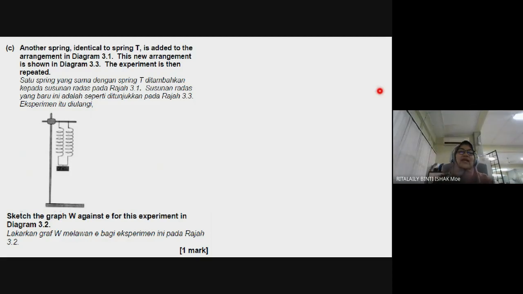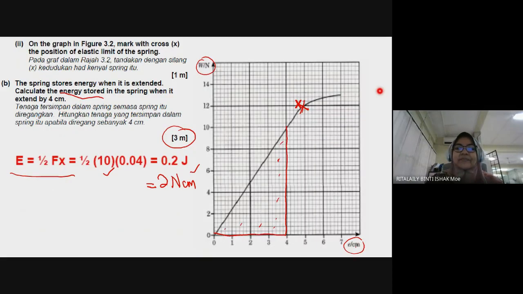Another spring identical to spring T is added to the arrangement. This new arrangement is shown in diagram 3.3. The experiment is then repeated. Sketch the graph W against E for this experiment in diagram 3.2. So pada diagram yang sama ni, sketch kalau kita ada satu lagi identical spring arranged in parallel.